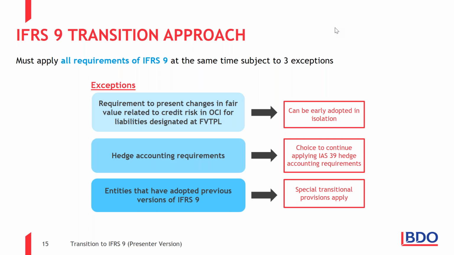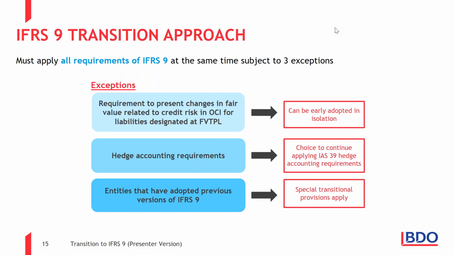There are three exceptions to that general principle. The one exception is that the requirement to present changes in fair value related to credit risk, and to present it in other comprehensive income for liabilities that have been designated at fair value through profit and loss, you can only adopt that particular requirement in isolation.